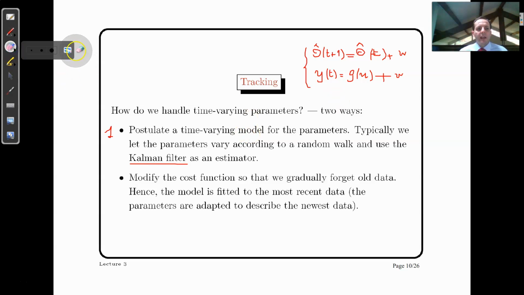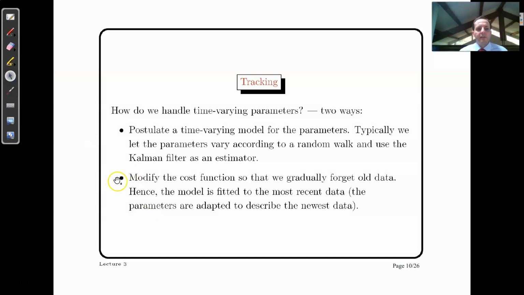This is not our case, because that is why we are introducing the recursive least square. The solution from our side is to use the recursive least square, but we make this assumption, as we mentioned at the beginning, if you remember. The parameters are changing due, for example, to the fact that the process is changing.